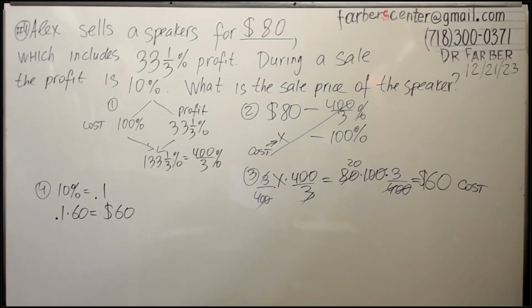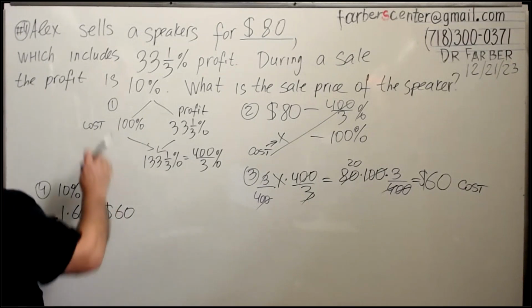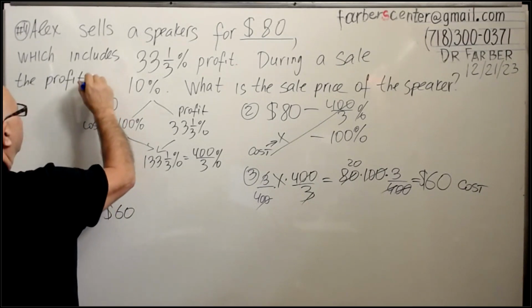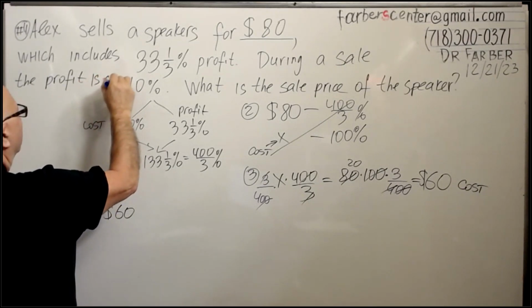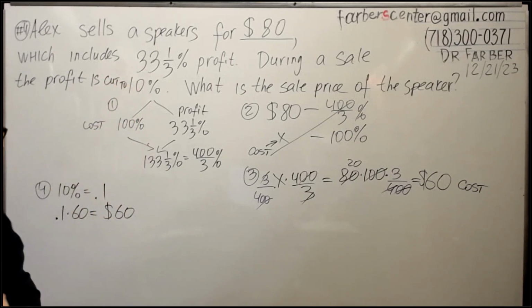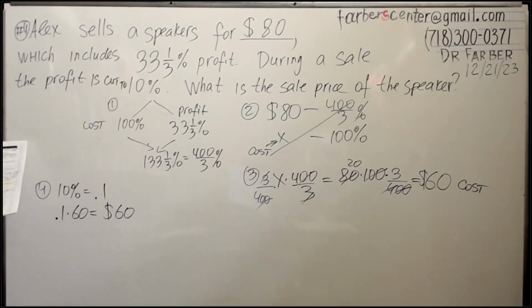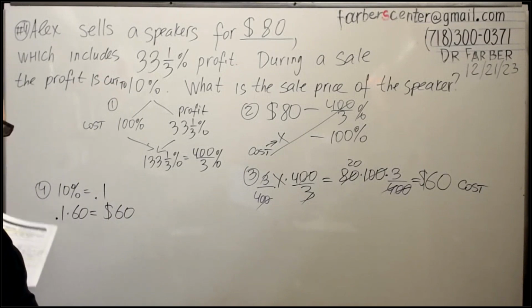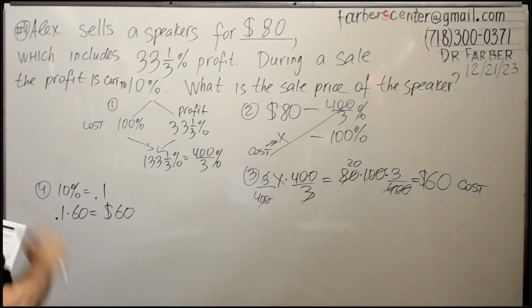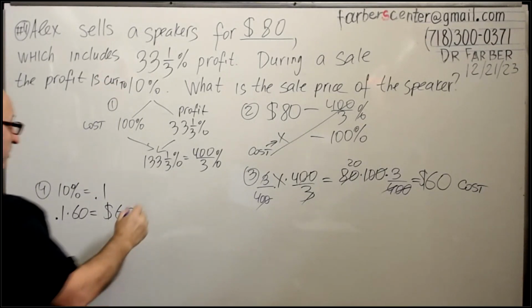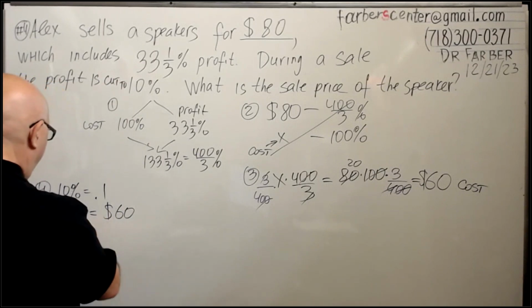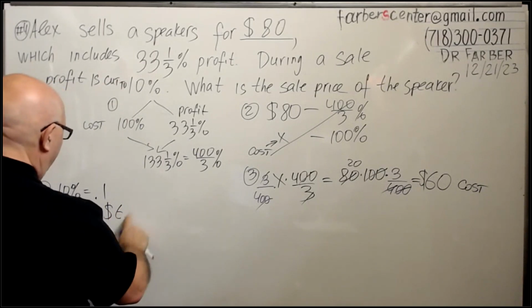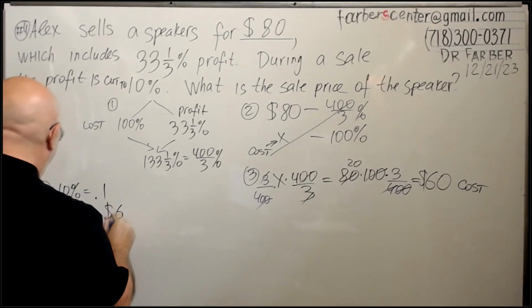I believe I skipped one word here. Let me read again. Profit is cut to 10%. Yes, now it's correct. So number 5. 10%, which is 0.1, of 60. 0.1 times 60 is $6.